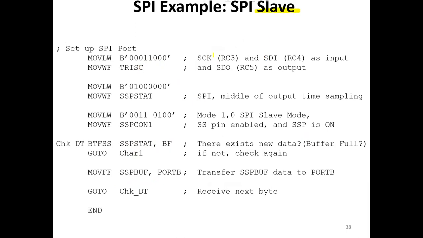So for the slave, the clock should be input or output? For the slave, input. So the clock here is input. The SDI is input. And SDO is output. The rest will be zeros. We don't need that. So this is the value of 3C.